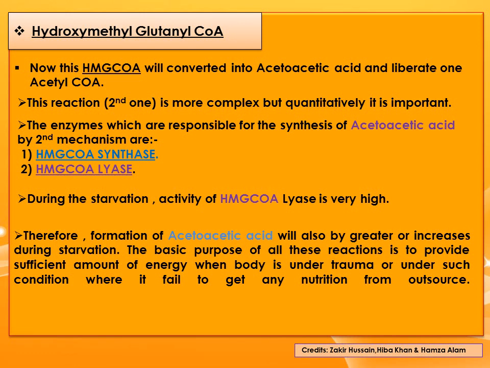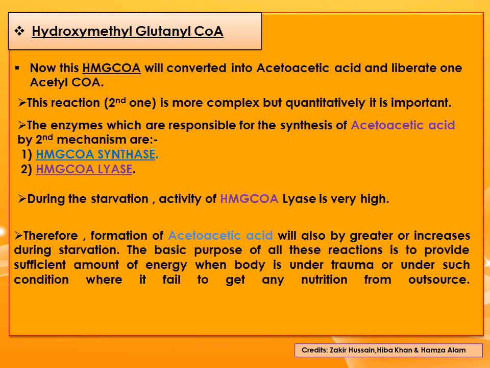And finally, this HMG CoA will be converted into acetoacetic acid, and one acetyl CoA will be liberated. This reaction is a more complex mechanism, but quantitatively it is important.